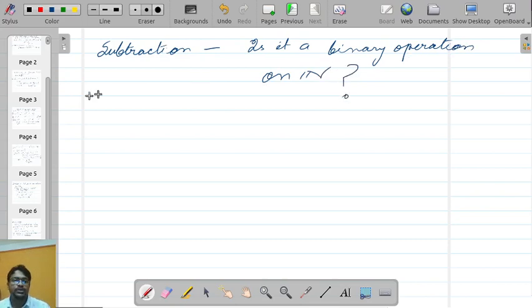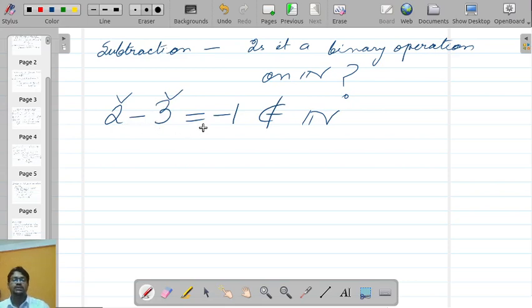The answer is no, because 2 minus 3 is equal to minus 1, which does not belong to the set of natural numbers. We take two elements from the natural numbers, operate them with subtraction, but the result is minus 1, which is not an element of the natural numbers. So subtraction is not a binary operation on the set of natural numbers.